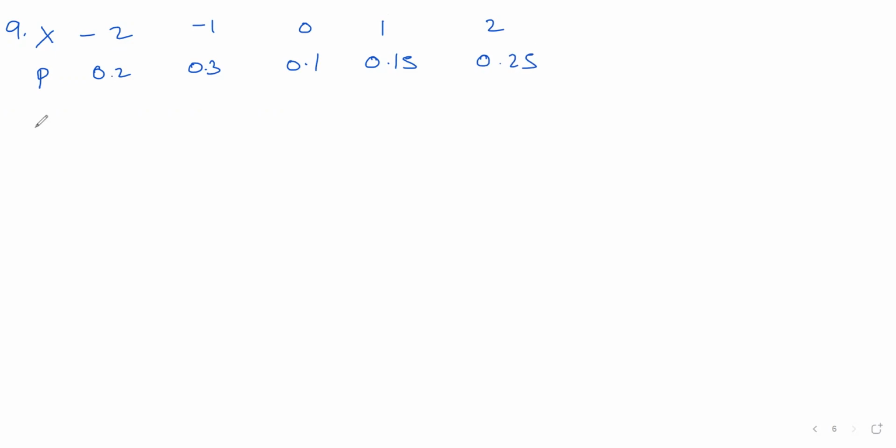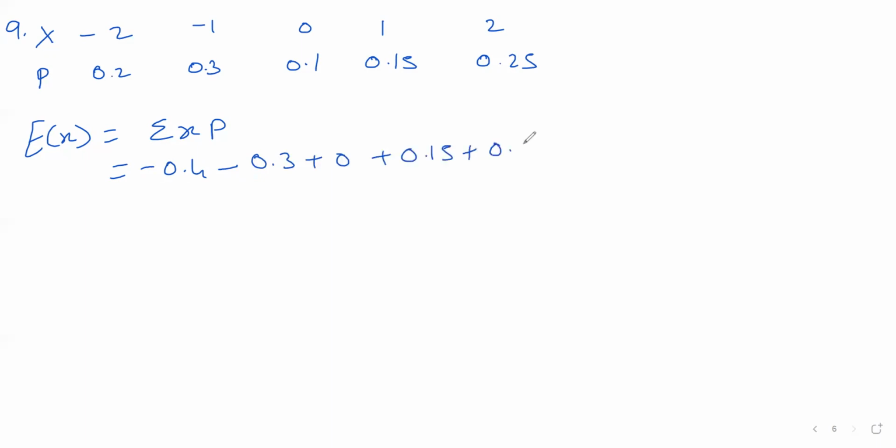So expected value. E of x is summation xp. That is minus 2 into 0.2. I can directly add and write down here. So this will become minus 0.4 minus 0.3 plus 0 plus 0.15 plus 0.5.